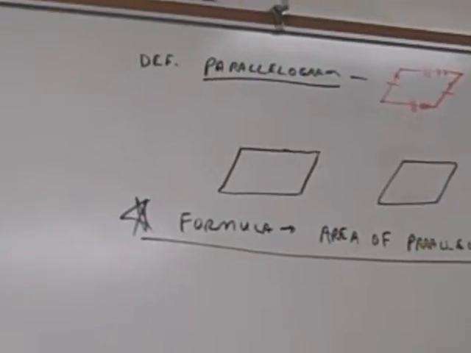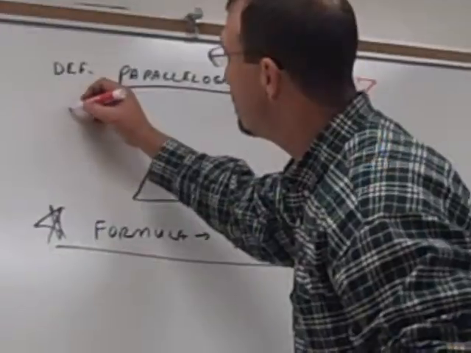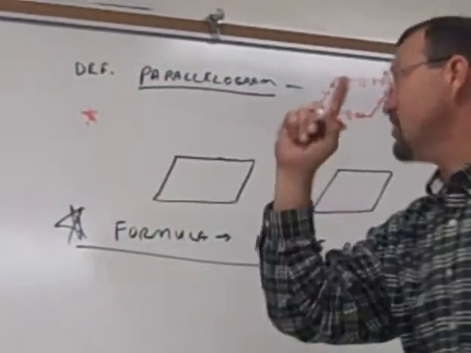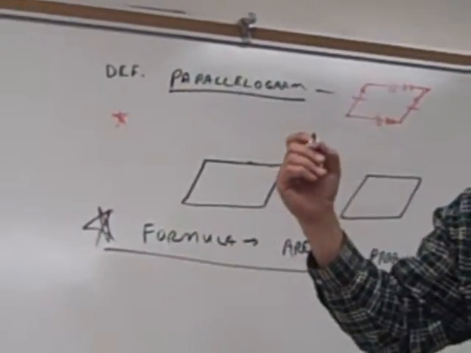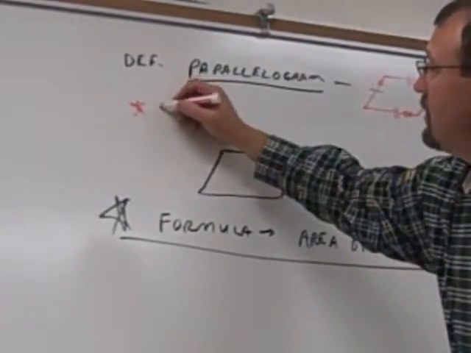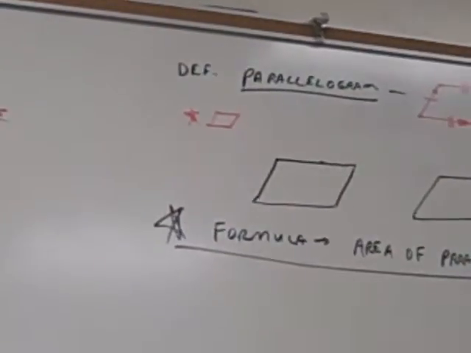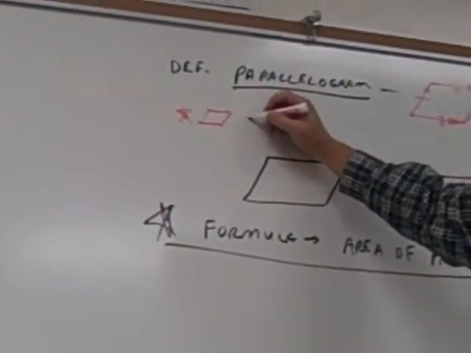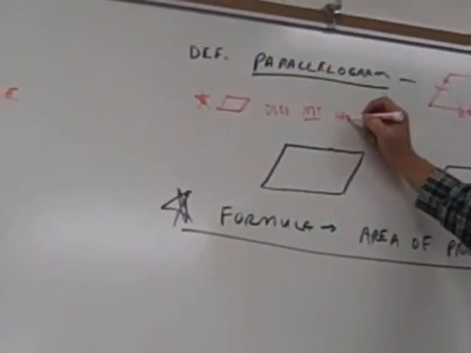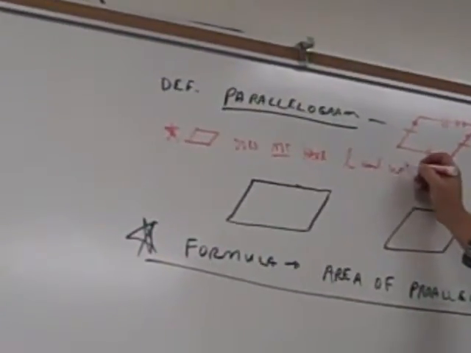We see them right here. Here's a couple of them. Now I'm going to put a pretty star right here, because it's kind of important. I'm going to draw this because I'm tired of writing that big long word, parallelogram.